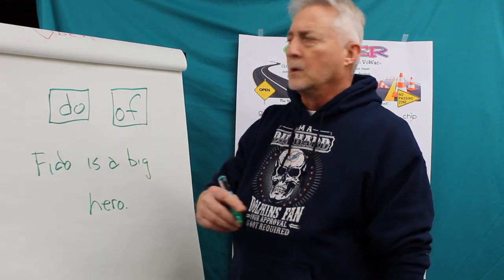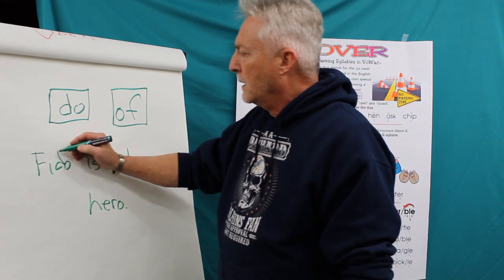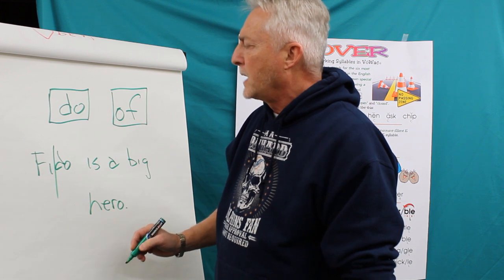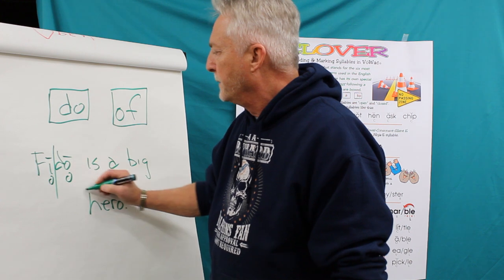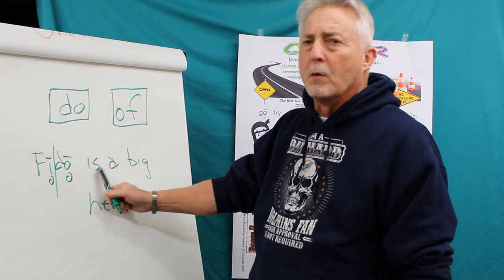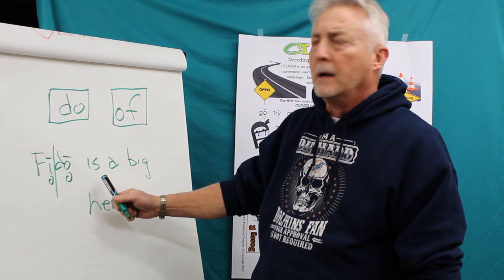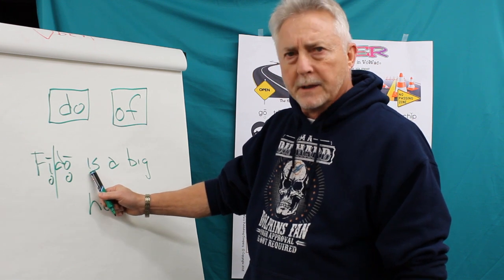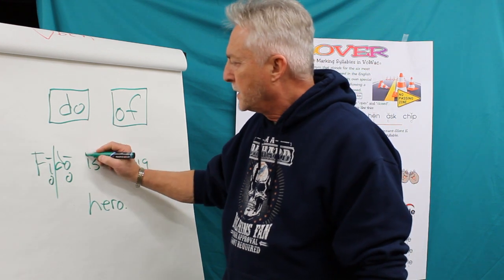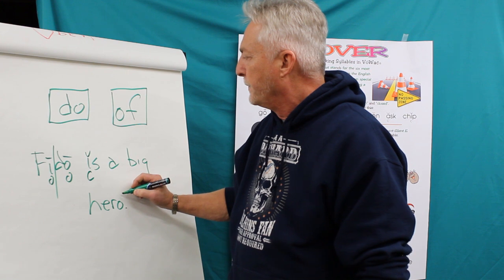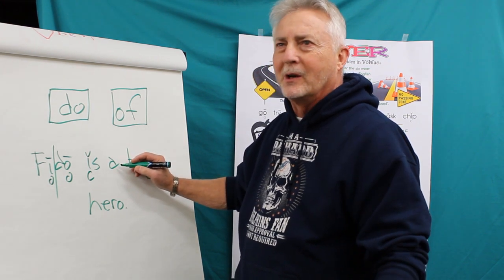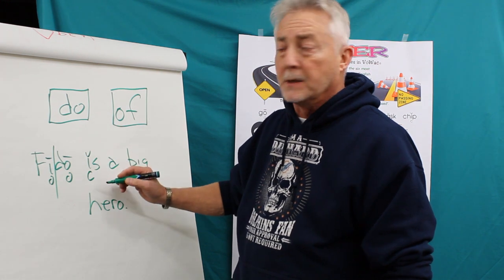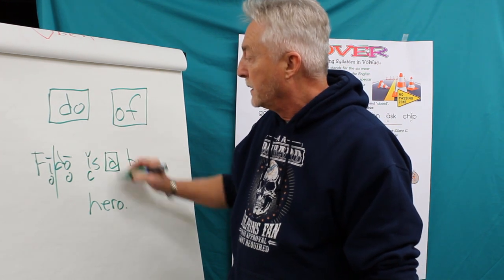So if we were to clover mark all of this, we would take and put a slash through Fido, open, open. "Is" is normally taught as a sight word in kindergarten, but the vowel is decodable. So this is actually a closed word. This word "a," pronounced "uh" when we typically call it a word, is actually pronounced "ay." This is a boxed word.